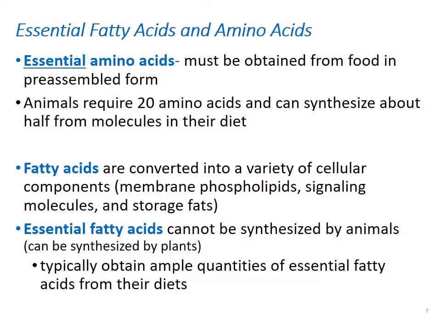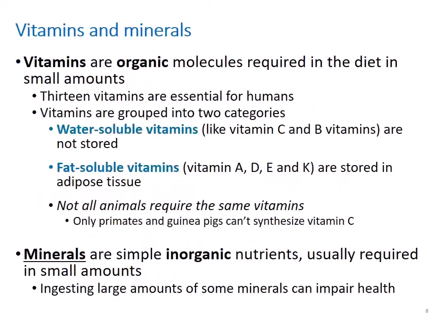I think fat gets a bad rap, but all of your cell membrane phospholipids, remember it's a phospholipid bilayer, are made from fatty acids, as are different signaling molecules like steroids, and then obviously storage fats for energy storage. And essential fatty acids can't be synthesized by animals, but they can be synthesized by plants, so typically we obtain ample quantities of these from our diets.